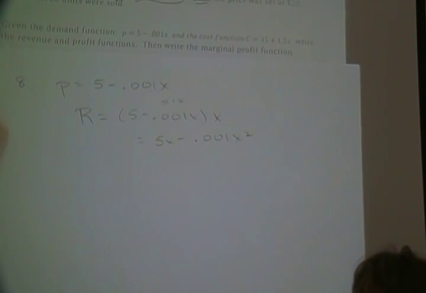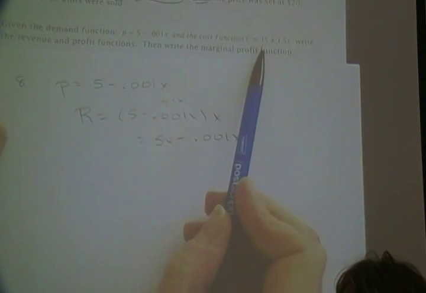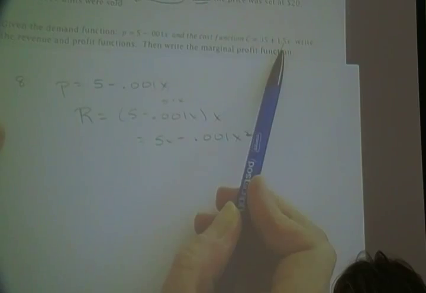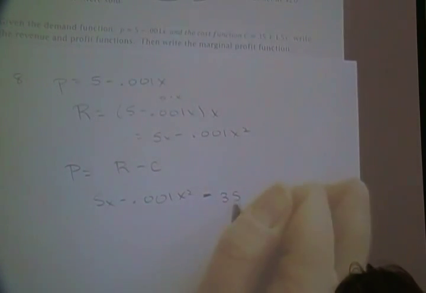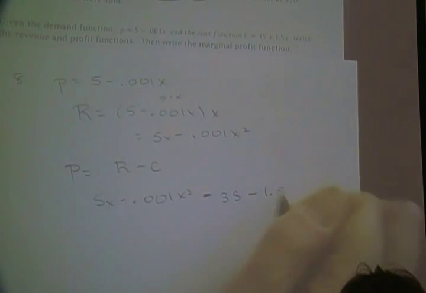If they then also give you a cost function, which is a fixed cost plus a unit cost, and you need a profit function, all you got to do is take your revenue minus the cost. So you take your revenue function minus your fixed cost, which was 37, minus your unit cost, which was 1.5x.